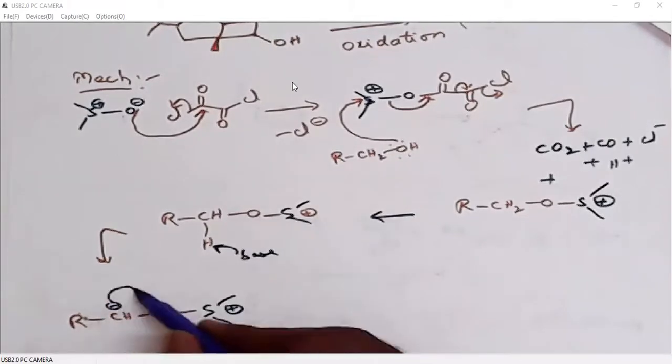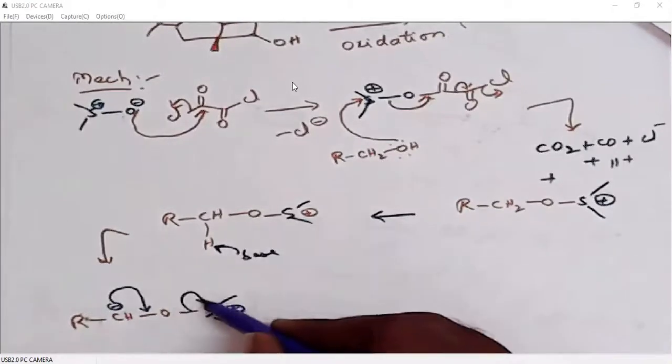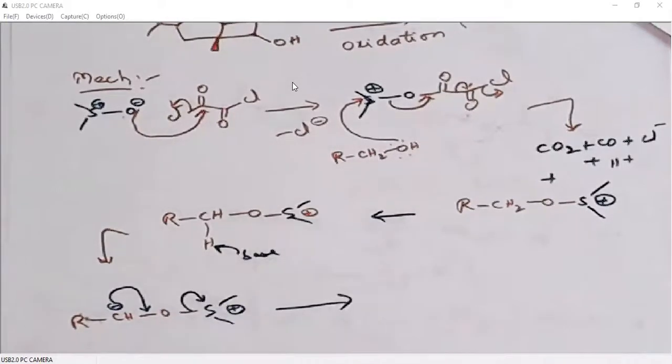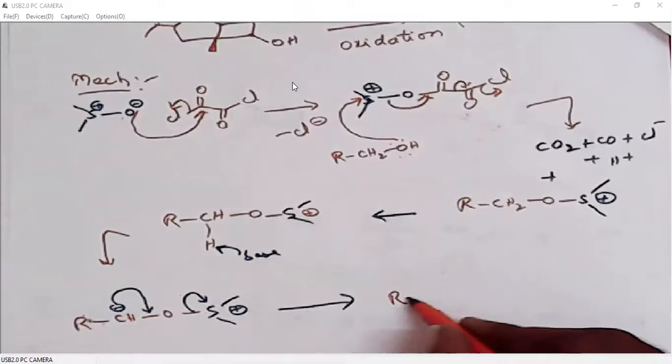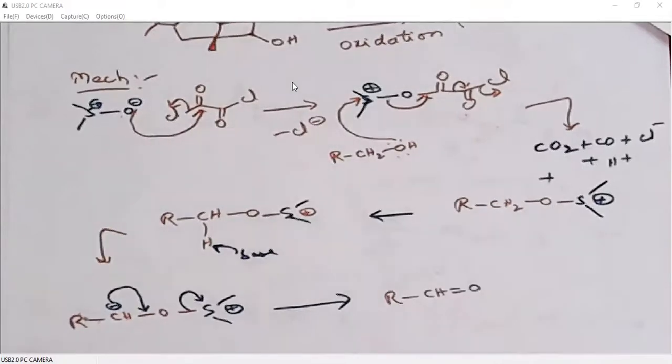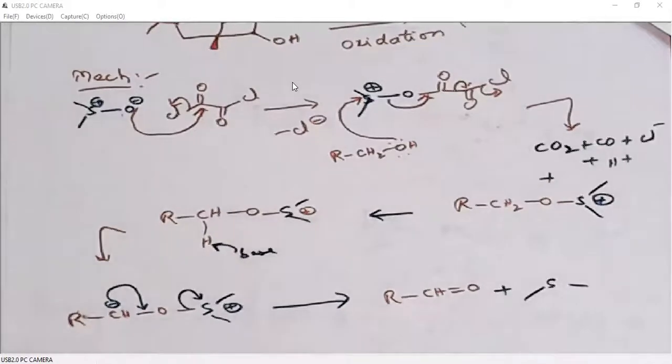Then this minus will be polarized towards oxygen to generate the carbon oxygen double bond. Then this dimethyl sulfonium ion is reduced, giving the double bond O plus DMS. So this is intermolecular fashion, right?